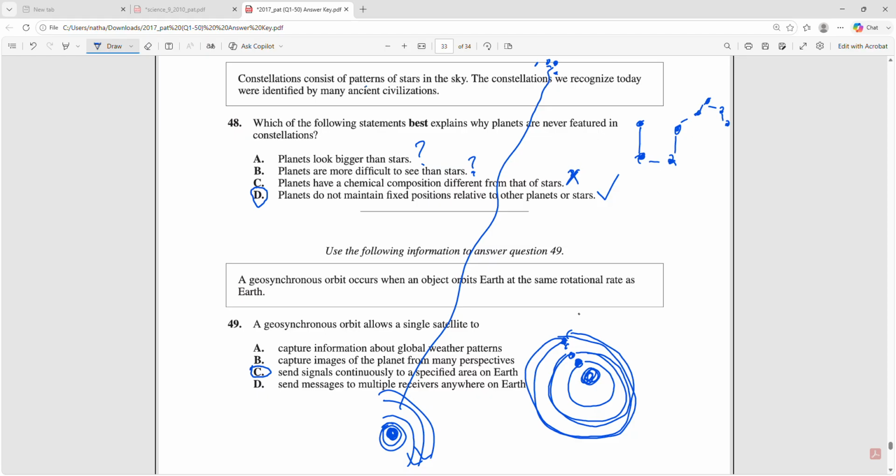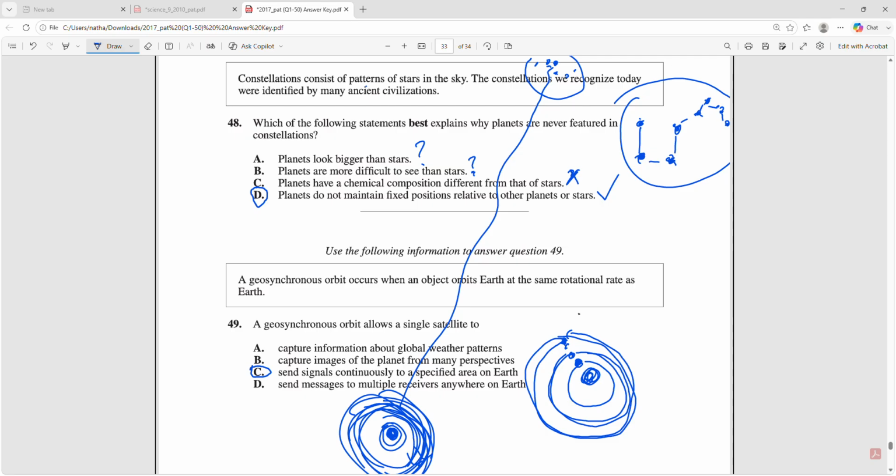So while these stars stay in the same spot for us, we have these planets orbiting around our sun. And because they orbit around the sun, they move through our night sky, and they're always changing positions. Whereas the stars out there would be the centers of their own solar systems. They might have planets orbiting them, but they are not orbiting around us.